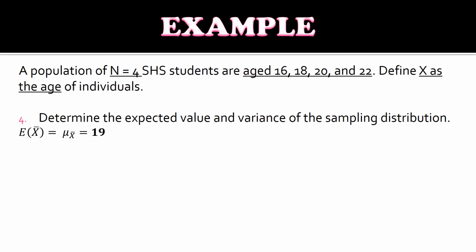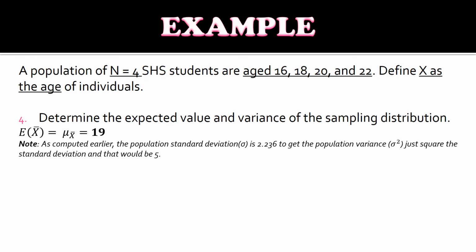And for the variance, if we recall the definition, we just have to square the standard deviation to get the variance. The population standard deviation, as computed earlier, is 2.236, and if we square that, it gives us a variance of 5.